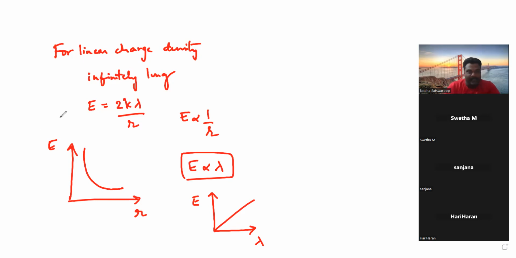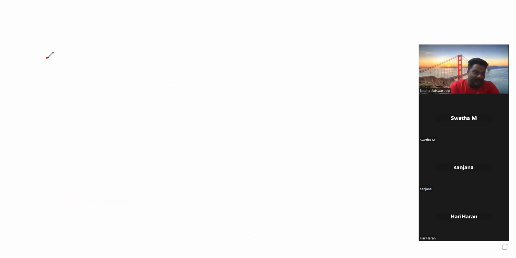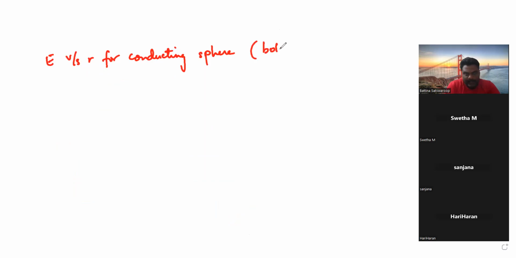See how much fun it is. Next. E versus r for a conducting sphere, for both solid and hollow.